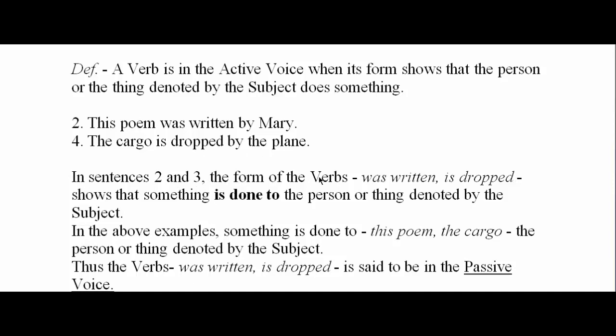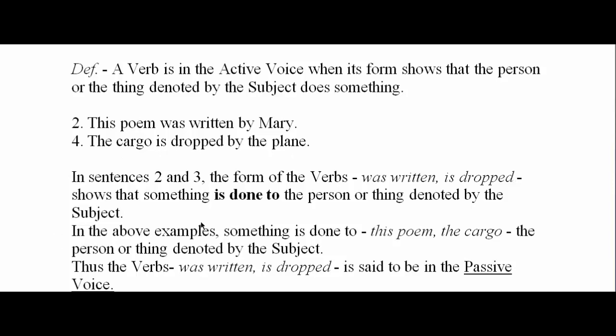The form of the verbs was written, is dropped, shows that something is done to the person or thing denoted by the subject. What is done to the poem? It was written by Mary. What is done to the cargo? It is dropped by the plane.